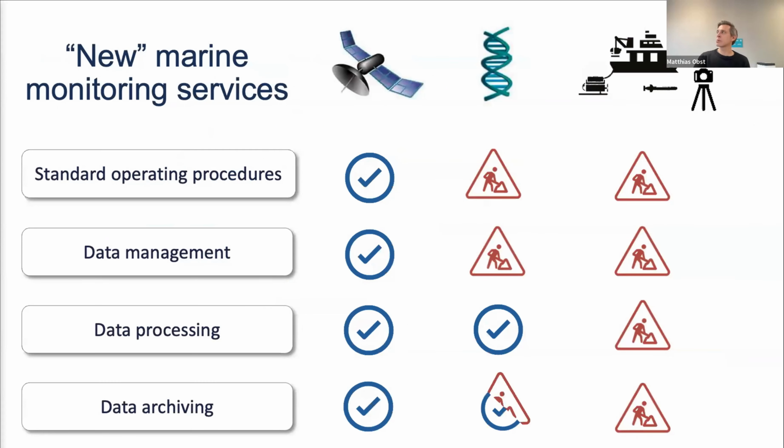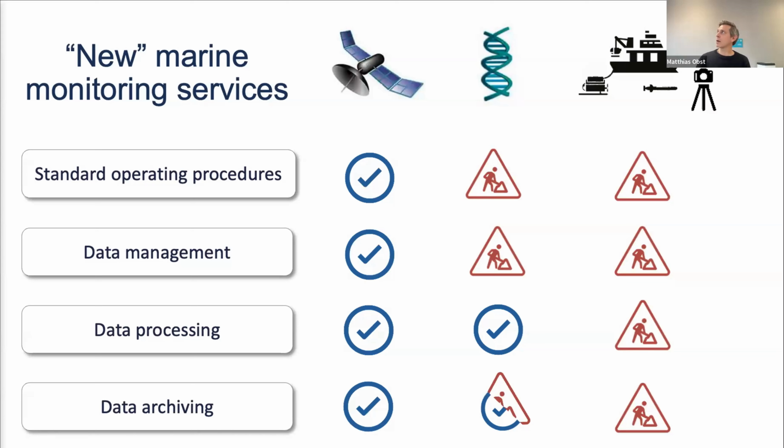But if we're looking at what's missing, there are some important underlying elements missing. We need standard operating procedures for robots as much as for humans, so that everyone does the same thing and you create data that can be compared and analyzed together.